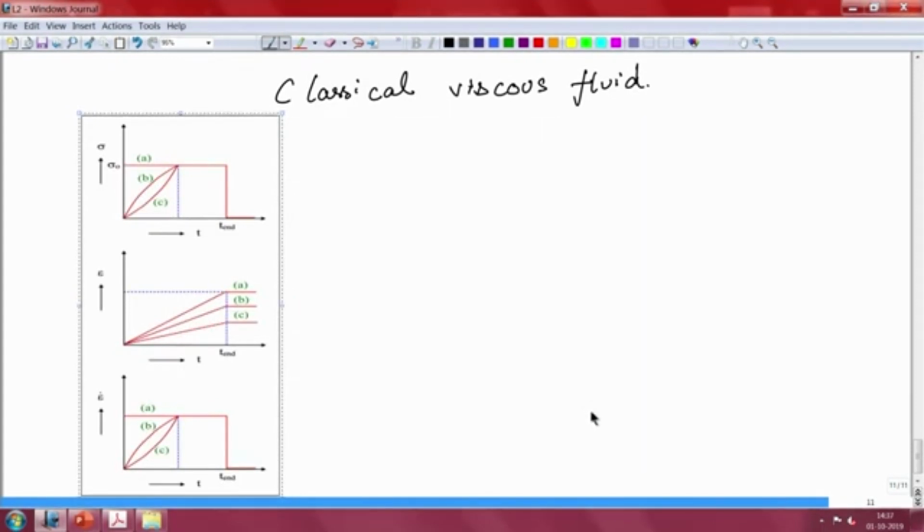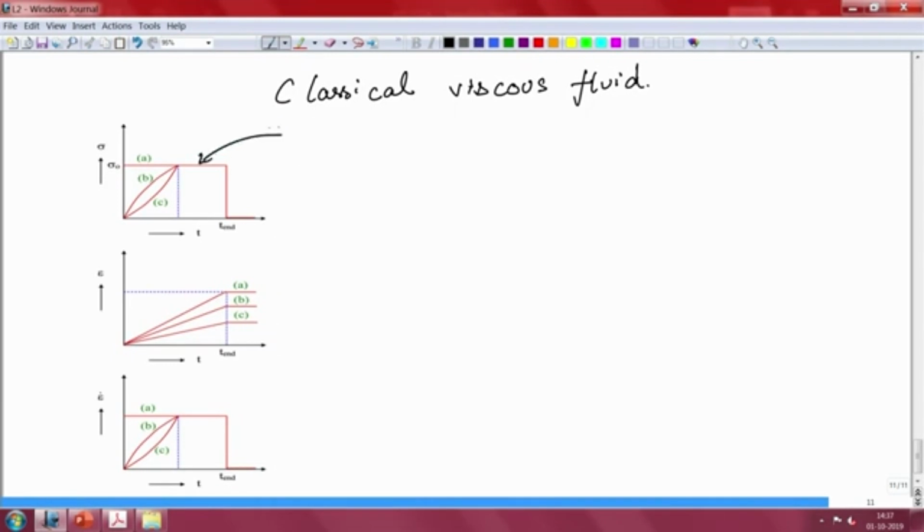So, the first test is the stress control test, as we had already discussed. Here we are going to apply a known amount of stress, and then we want to see what happens to the response of the material.